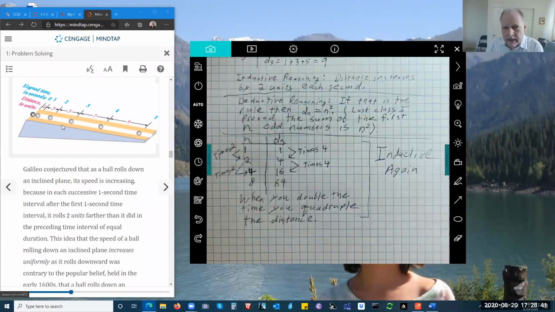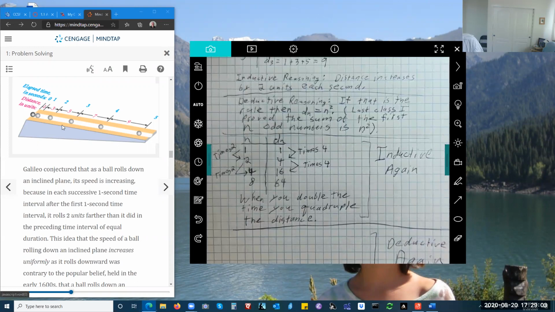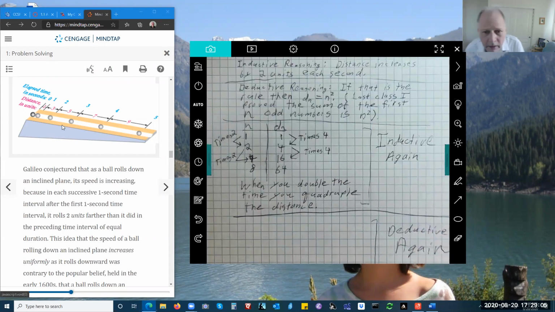Okay, now let's take a deductive approach to the same problem. Let's take it as a given: if the distance is n squared, then what?